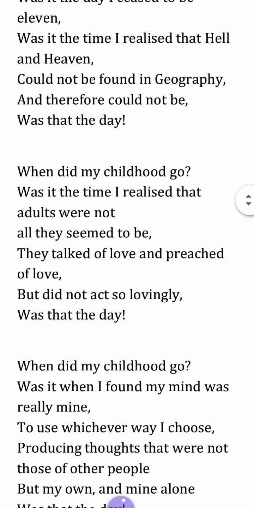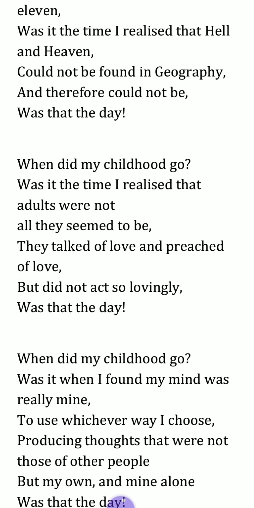Second stanza. When did my childhood go? See, once again, the sentence has been repeated. After an interval, when a line is repeated, this is the case of refrain. There are three types of repetition. One is repetition of sound, known as alliteration. The second is repetition of words, known as repetition only.